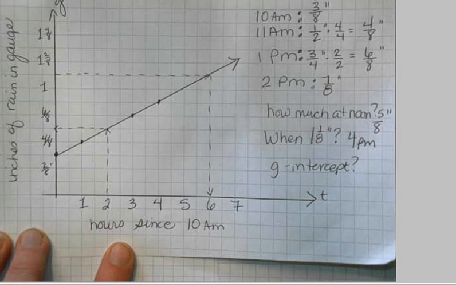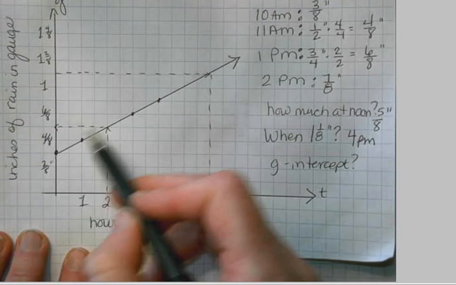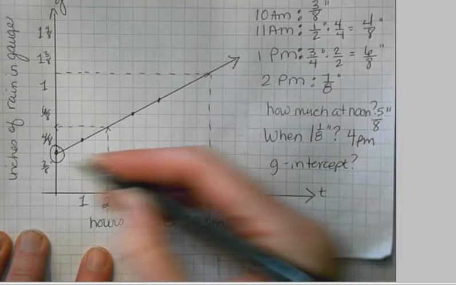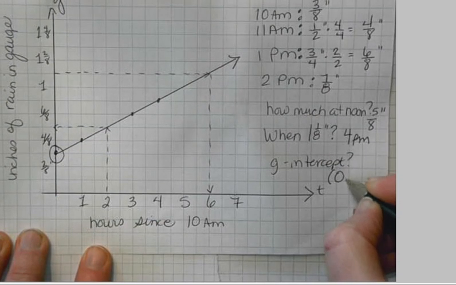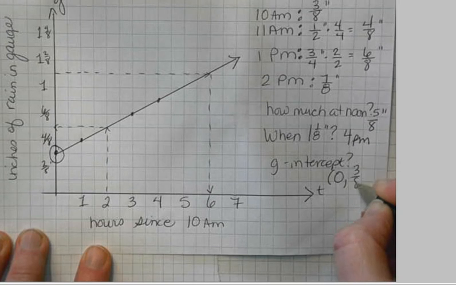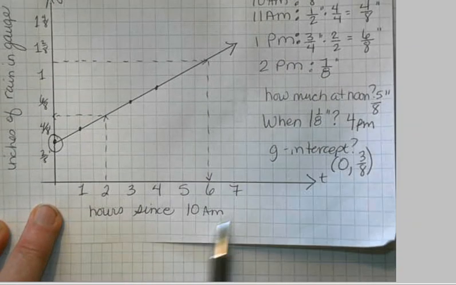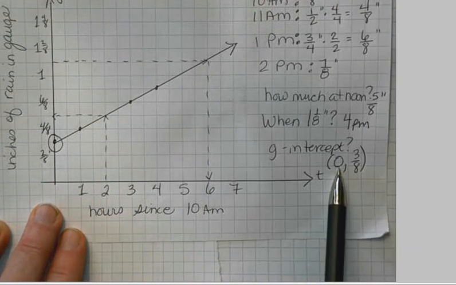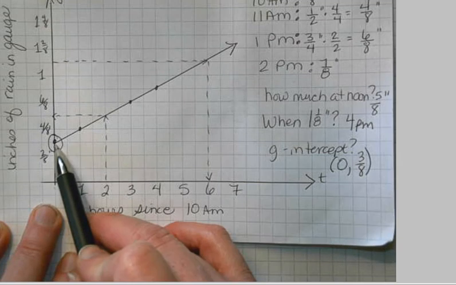And then the final question about the g-intercept. Remember, the g-intercept is where my line is going to hit my g-axis. So that point is right there. The g-intercept itself is the ordered pair (0, 3/8). And if you remember from when we created this, this is hours since 10 a.m., so 0 hours since 10 a.m. tells us that at 10 a.m. there was how much rain?